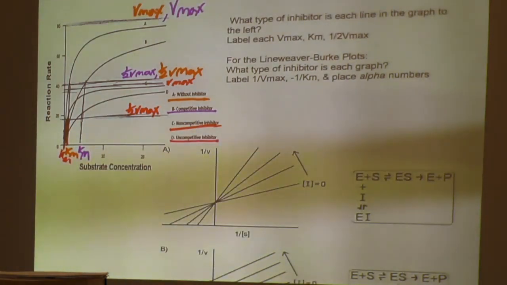All right. And then what about uncompetitive? What does uncompetitive change? It changes Km, okay. And Vmax? All right, awesome. So would your Vmax be higher or lower? Awesome. And what does it do to your Km? Okay.